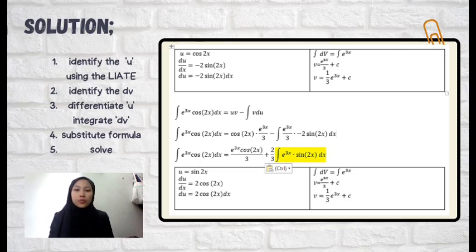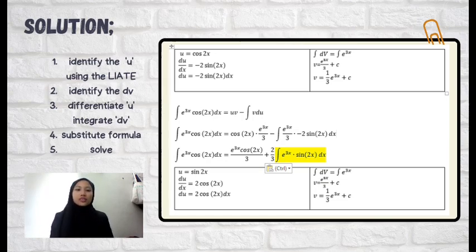The u from the question is cos 2x. Differentiating, du over dx, we get du equal to negative 2 sine 2x dx. The remaining would be the dv. So the dv is the integral of e to the power of 3x.